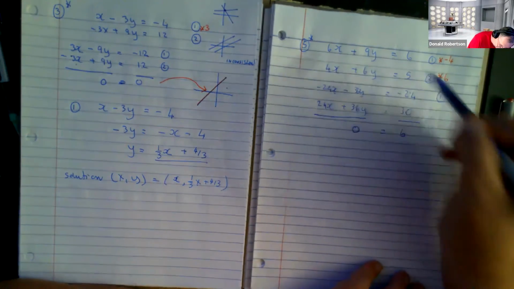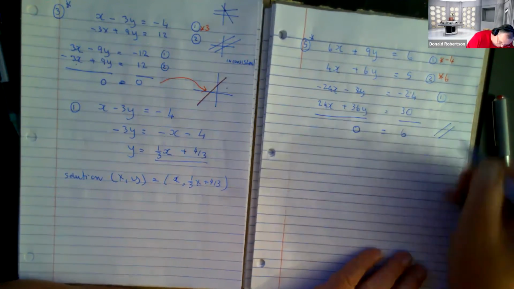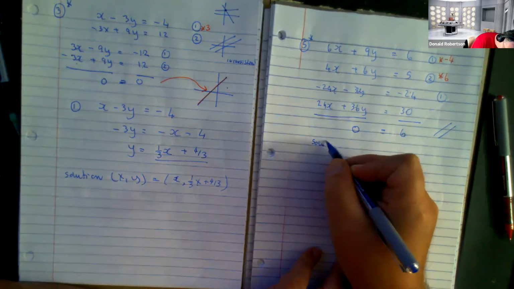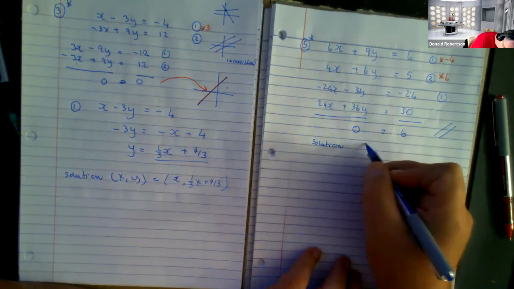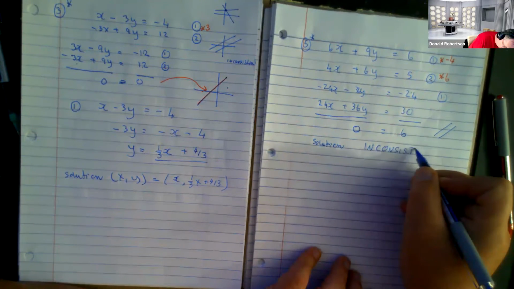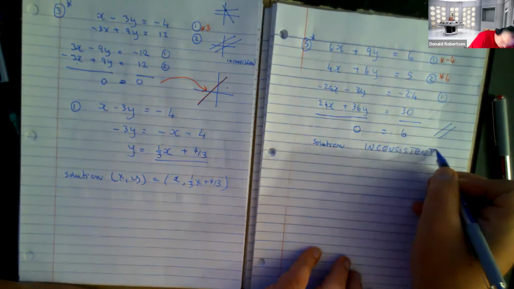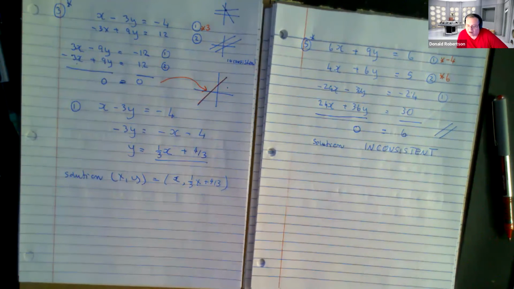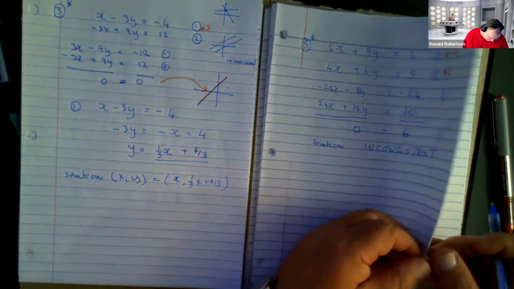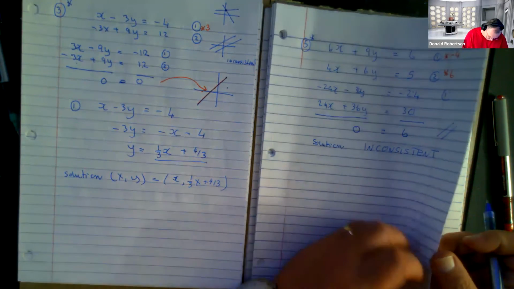Essentially, if you sketch them, you would get two parallel lines. And so our solution in this case is we write down the word inconsistent. I guess you could say that means there are no solutions. No combination of x and y, no matter how weird, would ever work.